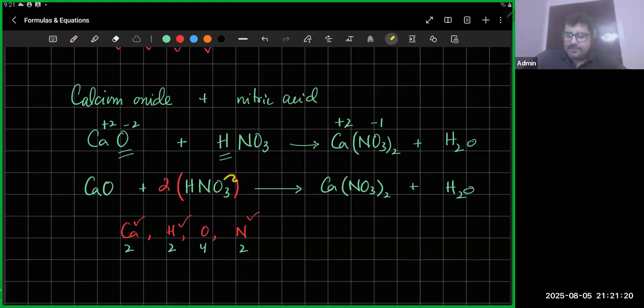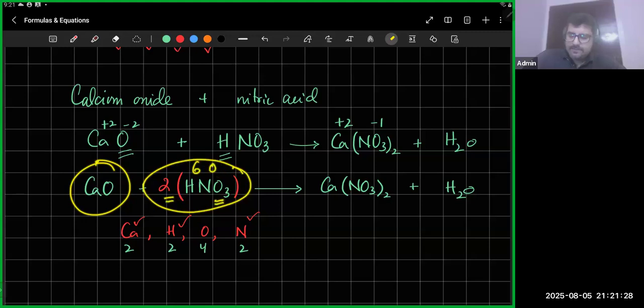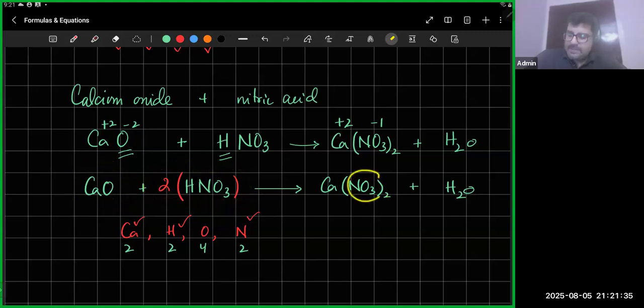You can just check: there's 1 oxygen and 3 into 2 is 6 oxygens, so a total of 7 oxygens on each side. Oxygen automatically got balanced.